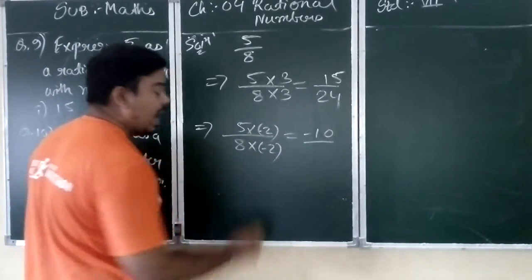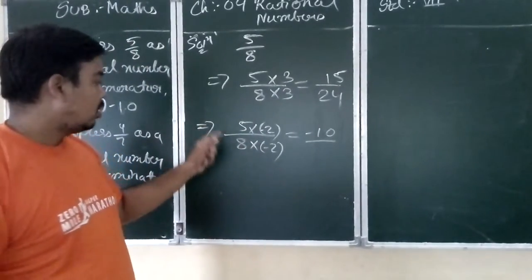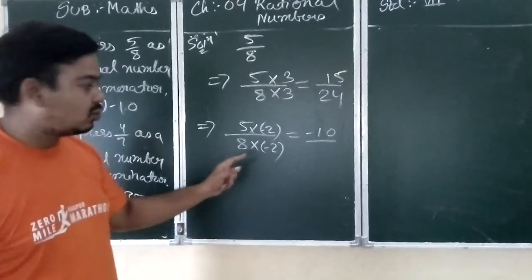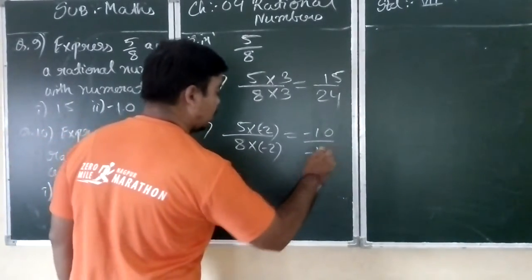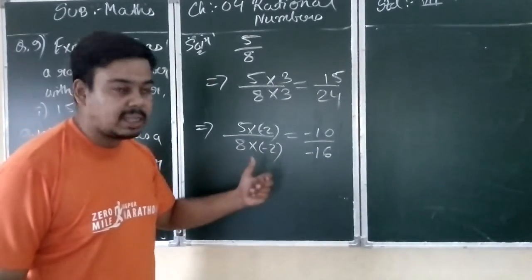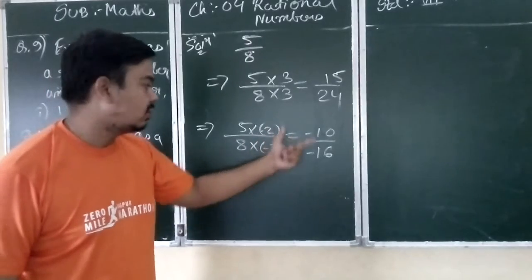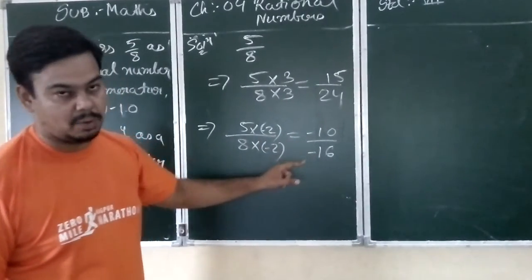The numerator is multiplied by minus 2, so the denominator is also multiplied by minus 2. So 8 into minus 2 is minus 16. So minus 10 by minus 16, where minus over minus changes into plus, so it is a positive rational number.